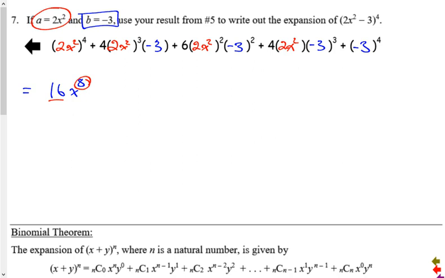Yeah, so the secret was that since this exponent is 4, that tells me I'm starting my first term. There my coefficient was 4 choose 0. And then here I had 4 choose 1. And then there I had 4 choose 2.